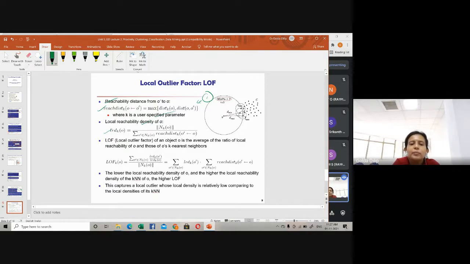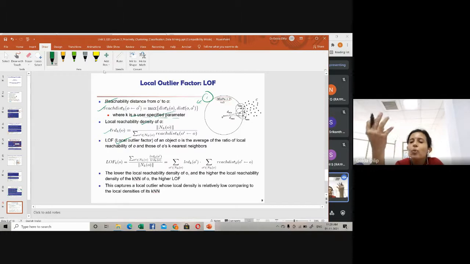Then you can see here the local outlier factor. We use the concept of relative density to find the local outliers. We use the user defined parameter k to quantify the neighborhood, and you do not need to specify the minimum number of objects in the neighborhood as a requirement for density.